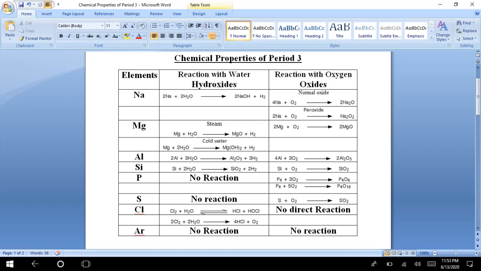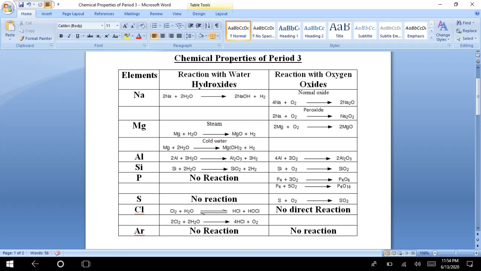When we talk about phosphorus, when it reacts with oxygen, it may give two possible products. It can be phosphorus trioxide and it can be phosphorus pentoxide. Phosphorus trioxide is P4O6, while phosphorus pentoxide is P4O10. Again, as with normal oxide and peroxide, there is a difference in the oxidation state of phosphorus in these two oxides.